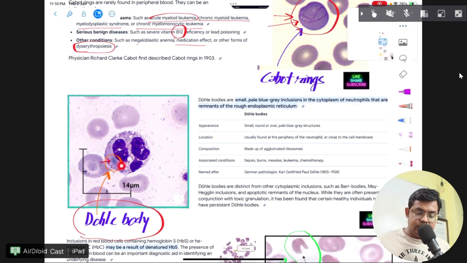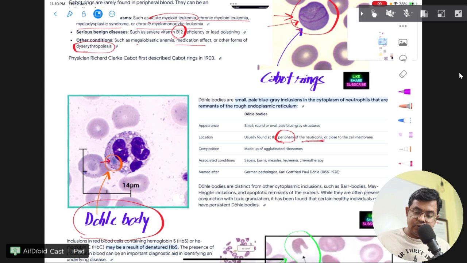This bluish structure is a Döhle body. Now this is a small round oval pale bluish gray structure, and they are usually found at the periphery of neutrophils.